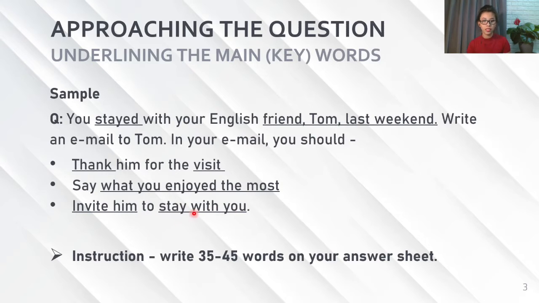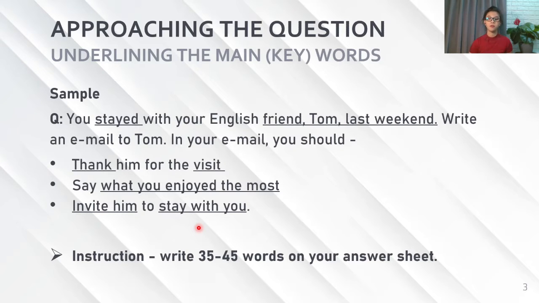So when we look at this generally, we are going to be writing an email, and in that email you have to invite him to stay with you. So this is not actually happening yet. His staying with you is not happening yet. According to this last prompt, it's not happening yet.